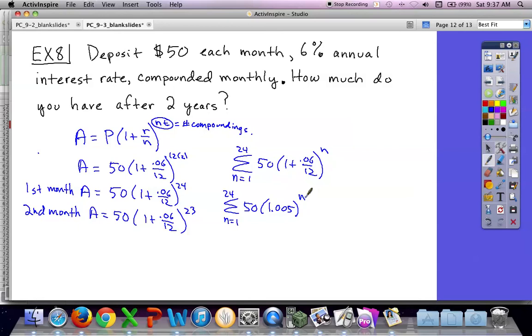So now we know that our first month, A1, is what you get when you plug in n equals 1. That'll be 50 times 1.005, which is $50.25.